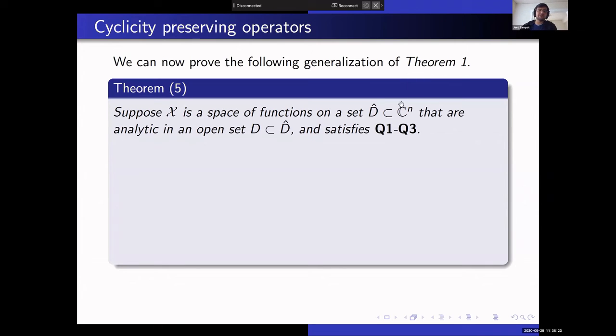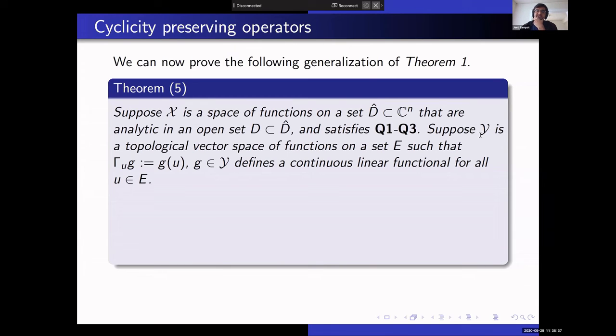the weighted composition operators. So now I have a space X of functions defined on the set D hat that are analytic in an open set inside of D hat and satisfies Q1 to Q3. I'm taking Y as a topological vector space of functions on a set E. Note that I'm not assuming that the set E or the functions in it are analytic or anything.